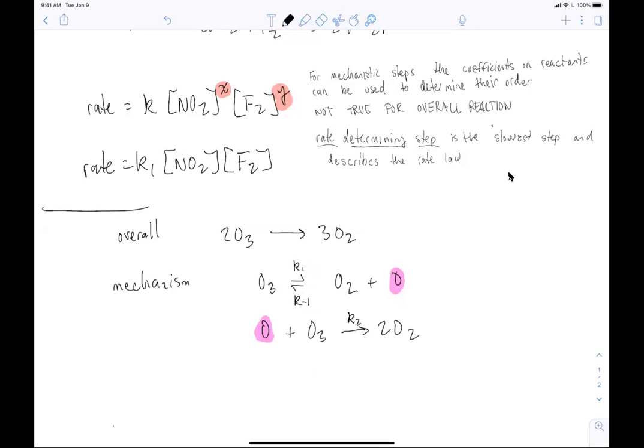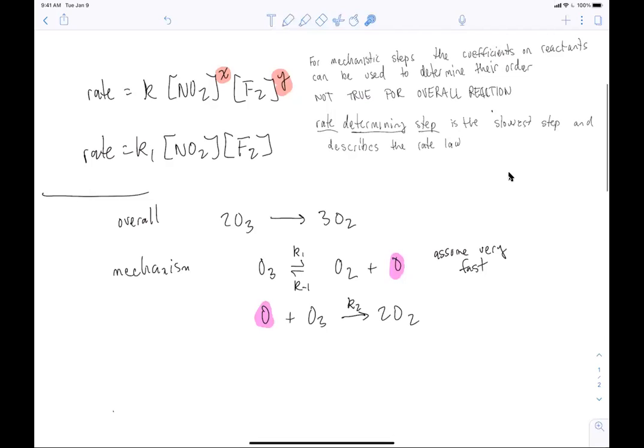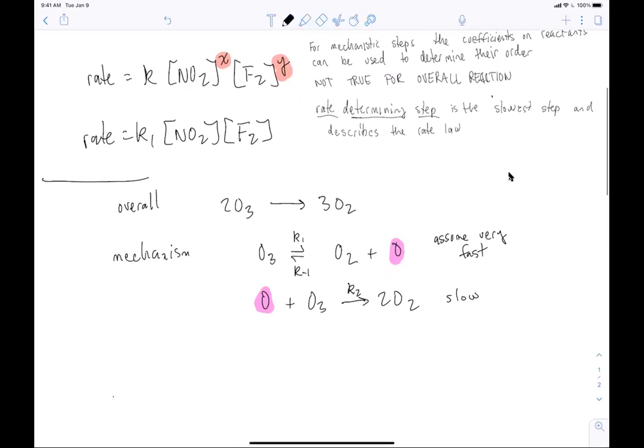So if there are equilibrium arrows, you can always assume that the equilibrium is established extremely fast. And so that would make this our slow step. And so we want to write out a rate expression for it.